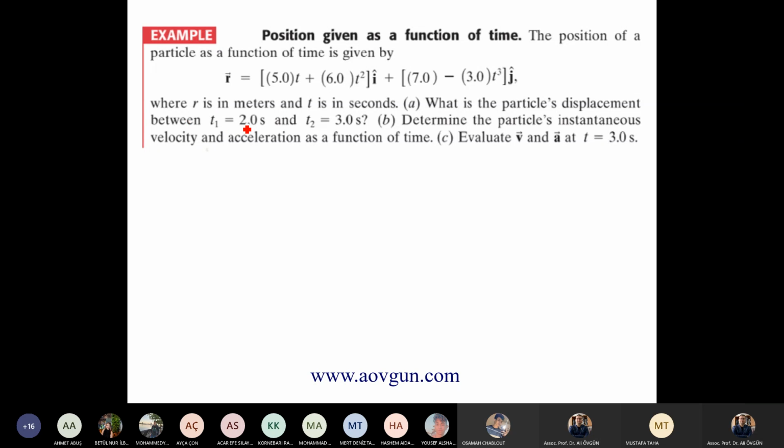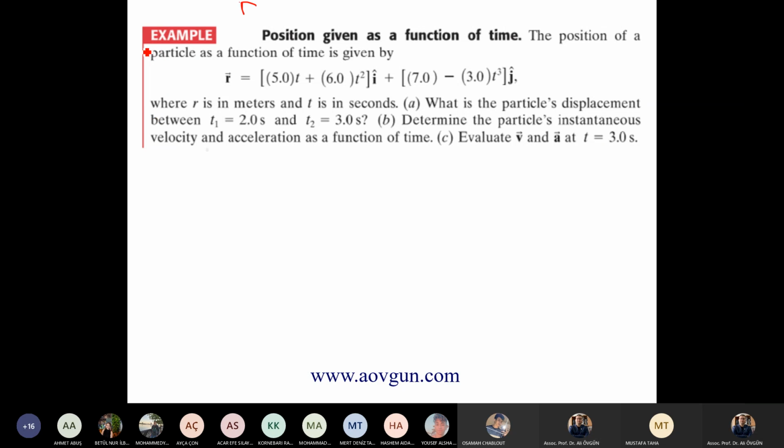What is the particle's displacement between t1 equals 2 seconds and t2 equals 3 seconds? So how can you find it? This position vector r depends on t. So how can you find it at 2 seconds and 3 seconds? Directly, you must put 2 seconds inside.